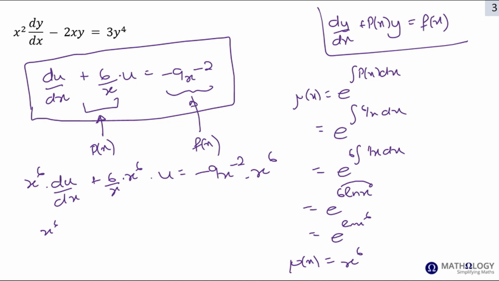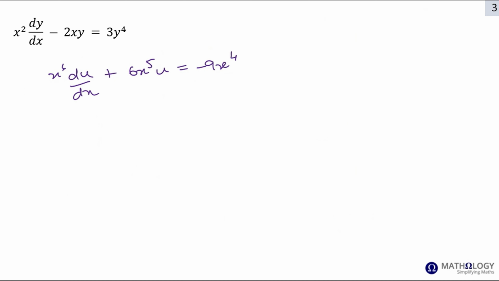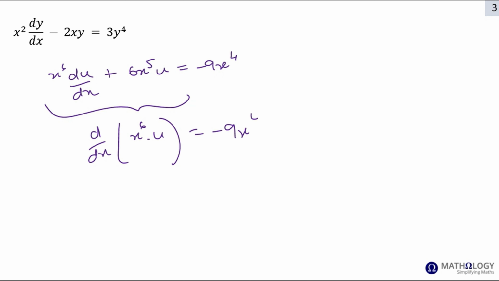Just cleaning that up a bit gives us x to the 6 du/dx plus 6x to the 5 times u equals minus 9x to the 4. The left-hand side reduces to the form d/dx of x to the 6 times u. That equals minus 9x to the 4.